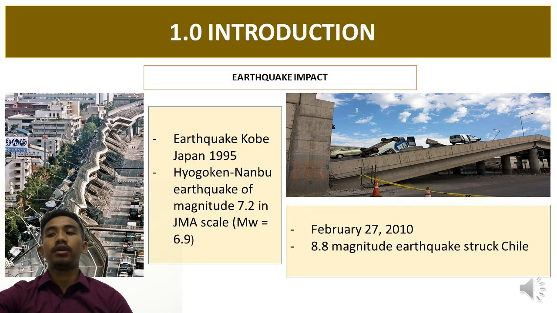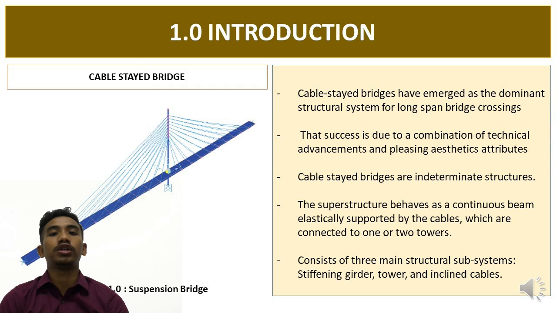I move to another introduction, which is the structure that I have decided to use, the cable-stayed bridge. Cable-stayed bridges have emerged as the dominant structural system for long-span bridge crossings. That success is due to a combination of technical advancement and pleasing aesthetic contributions. Cable-stayed bridges are made from steel cable and RC concrete.